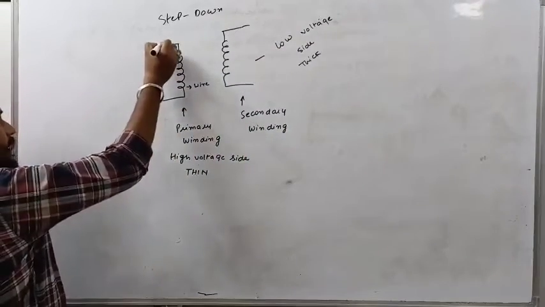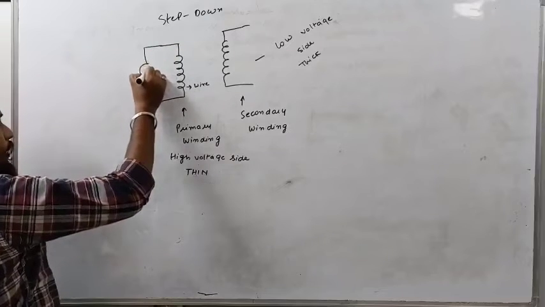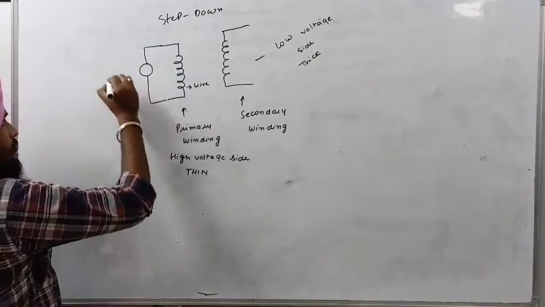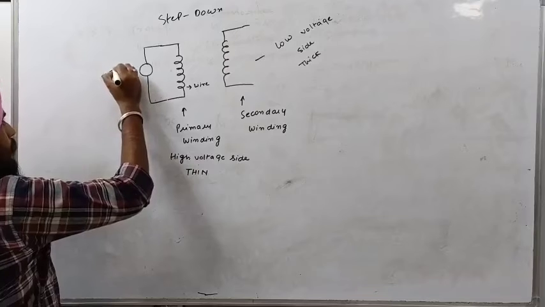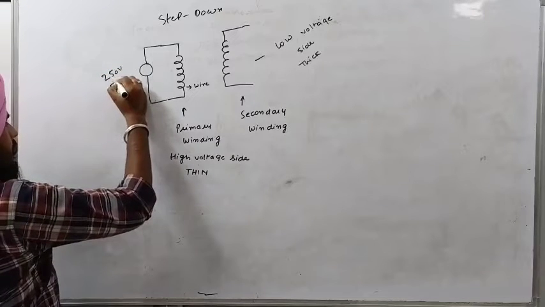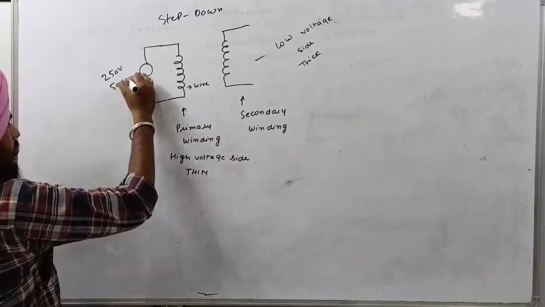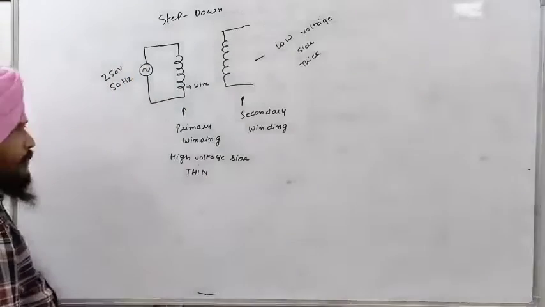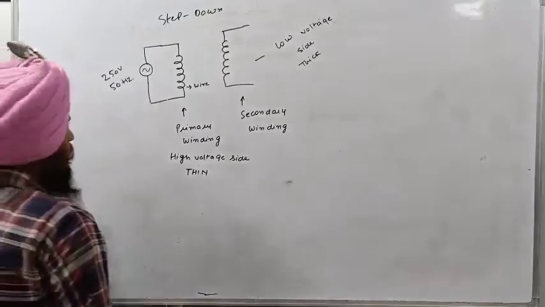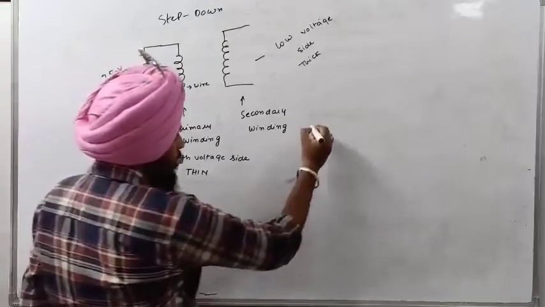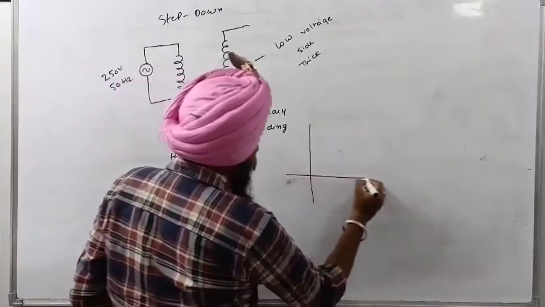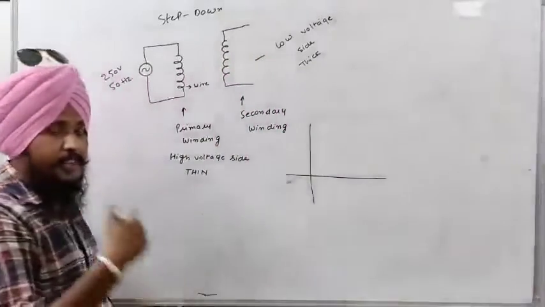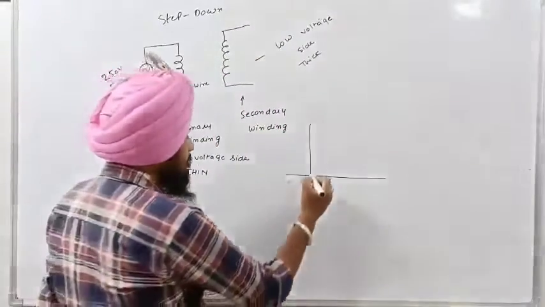Okay, we connect this transformer to an AC supply, which is 250 volts at 50 hertz. This is the source of the AC supply. Okay, we know AC changes its amplitude with the interval of time.